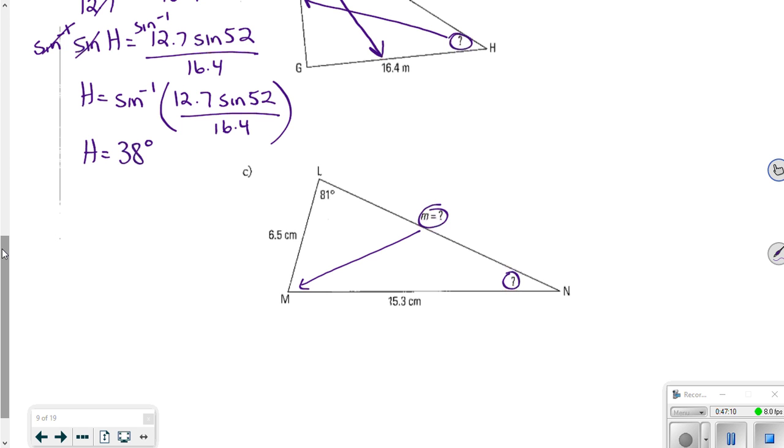When I look at angle N, I do know the side across from it. And because I have a pair where I know both pieces, I can solve for angle N first, and then use that to help me with the M's. So this piece is going to wait. So I'm going to start with N because I know part of N. I know the 6.5. I know the side across from it.